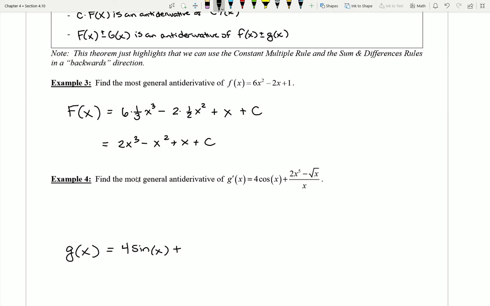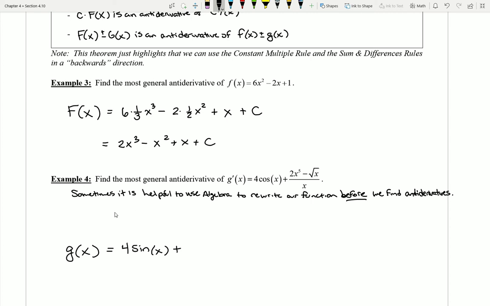And so what we're going to find is that when I'm doing antiderivatives, sometimes it is helpful to use algebra to rewrite our function before we find antiderivatives.